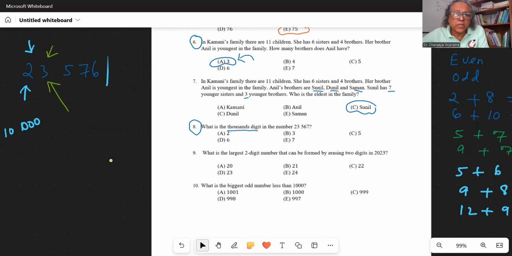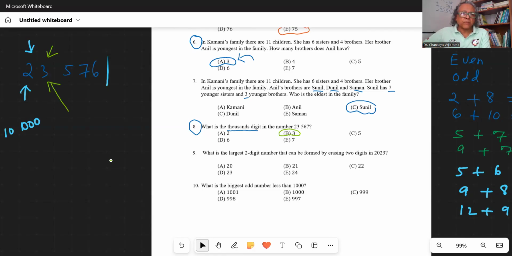It is 3, right? So the answer is 3. We'll have more questions on the place value system, and we'll learn more about this wonderful number system, which uses only 10 symbols, 10 digits, to write any number you like. Doesn't matter how big that number is.